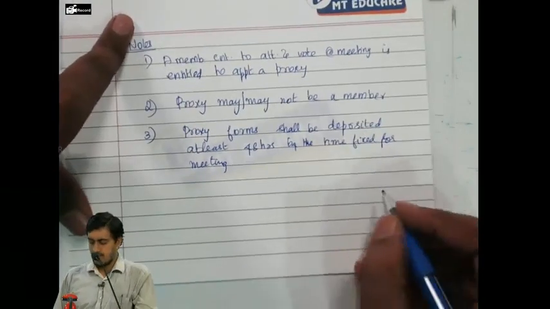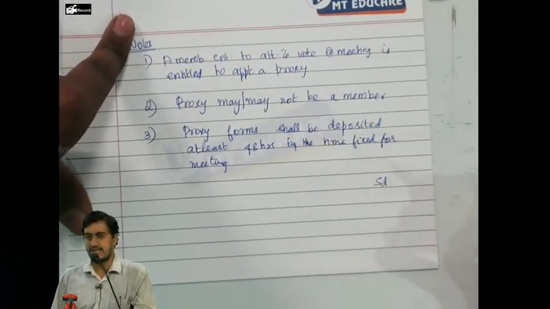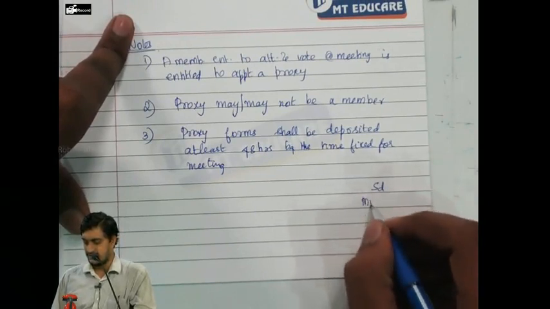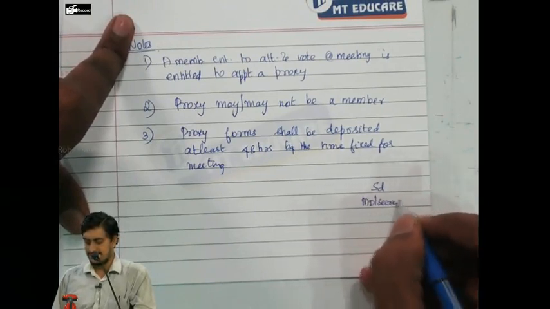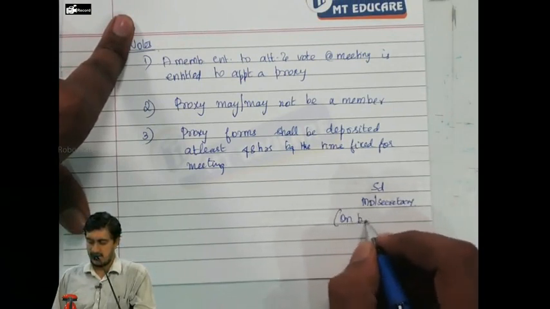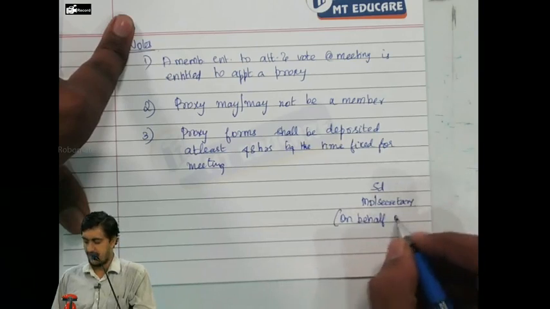So at last this notice must be signed. It can generally be signed by the managing director or by the secretary. But mind it, this should be on behalf of the board of directors.